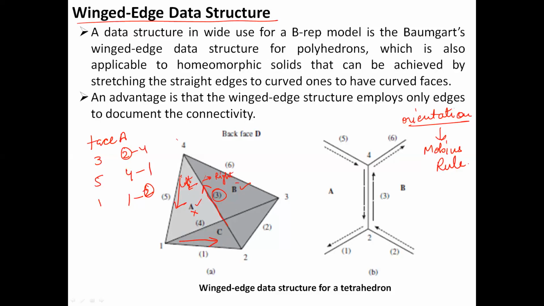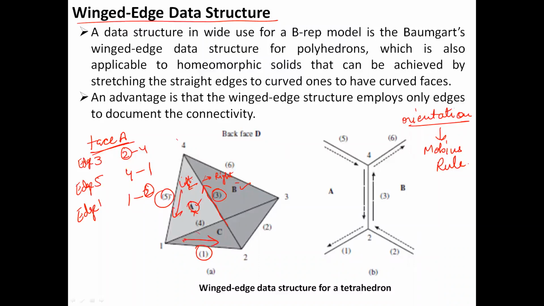Can you repeat once more? This was the orientation that we had taken. Now we are only talking about face A. How is face A being created? By edge 3, edge 5 and edge 1. For edge 3, you know the orientation, so create the orientation for the other edges.